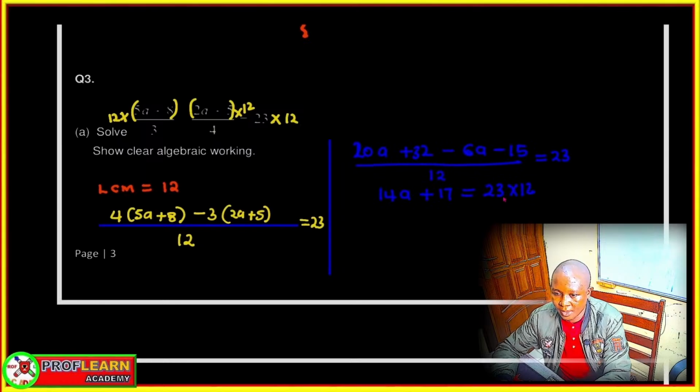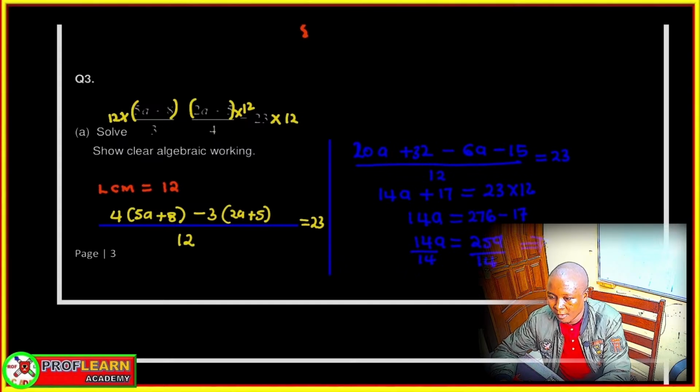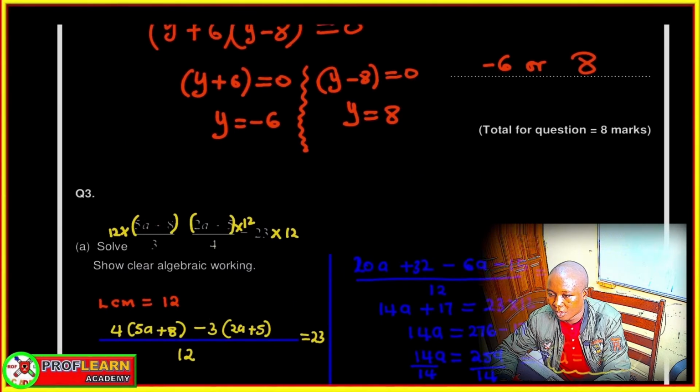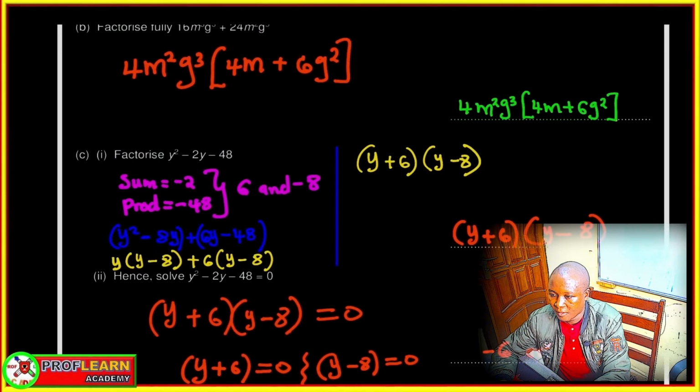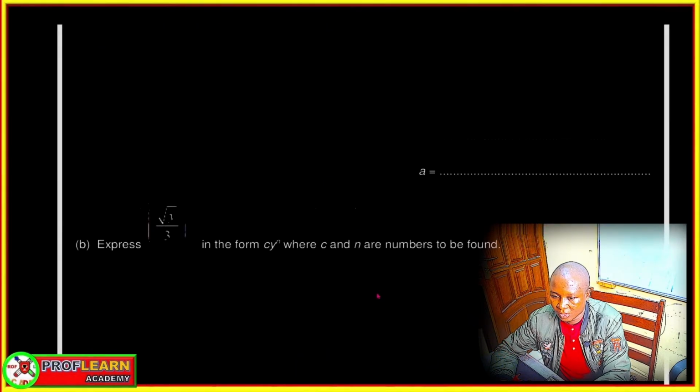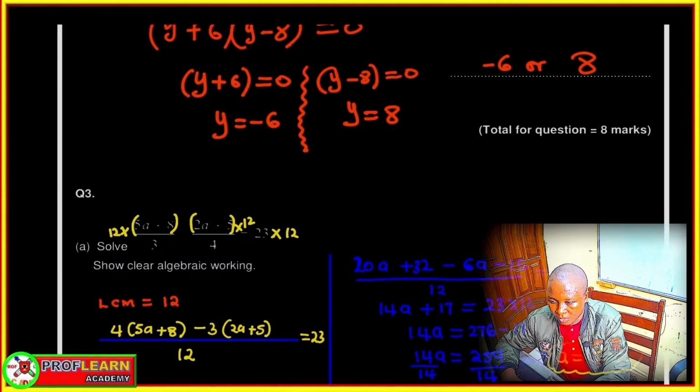Yeah, I think this is not clear in terms of the question, but I'm going to make the adjustment on the settings so that you can be able to see the questions properly. So a translates to be 18.5. Let me just move this a little bit up so that you can be able to see.